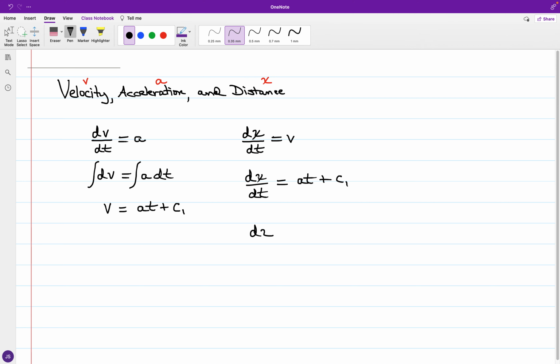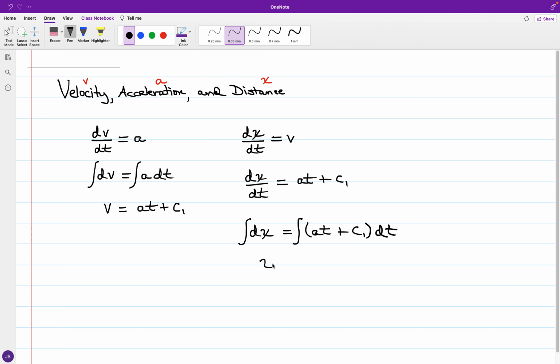In this relation, x, the distance, will be the dependent variable, and t is the independent variable. So separating, I have dx is equal to the quantity at plus c sub 1, dt, and then integrating over both sides.